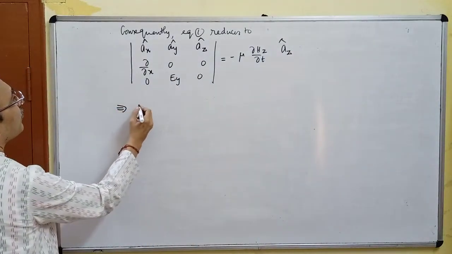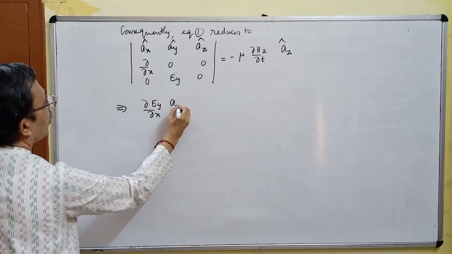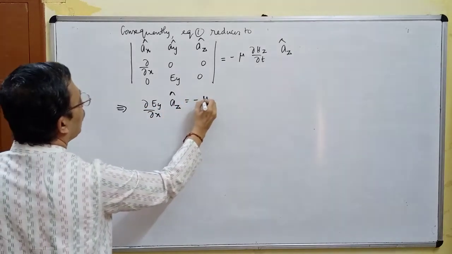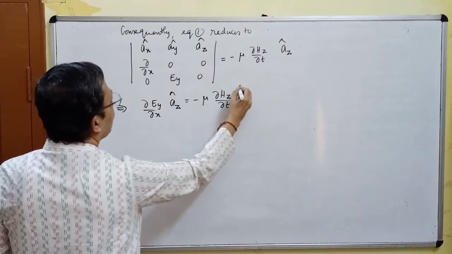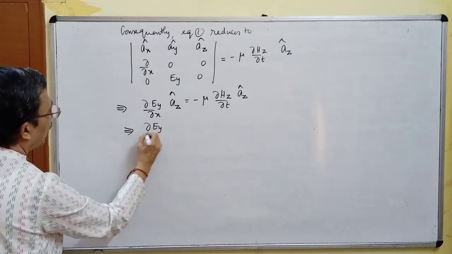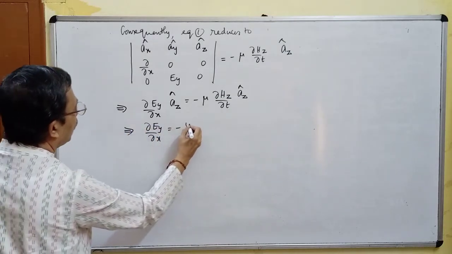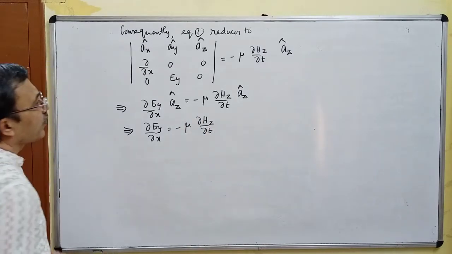This implies ∂Ey/∂x into Az cap equals minus mu ∂Hz/∂t into Az cap. This implies ∂Ey/∂x is equal to minus mu times ∂Hz/∂t.